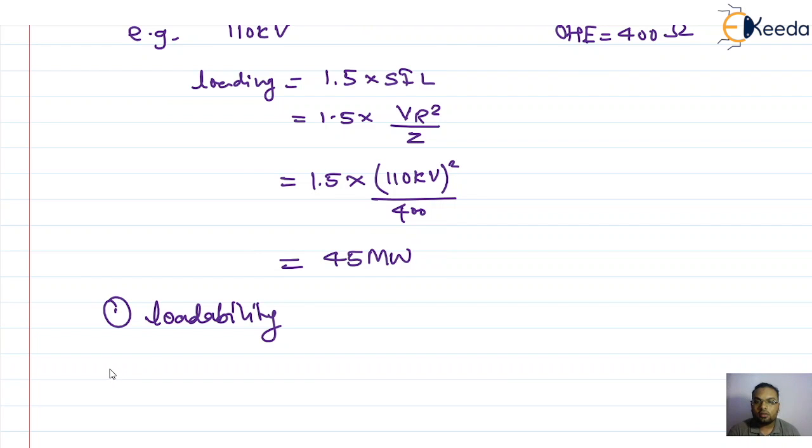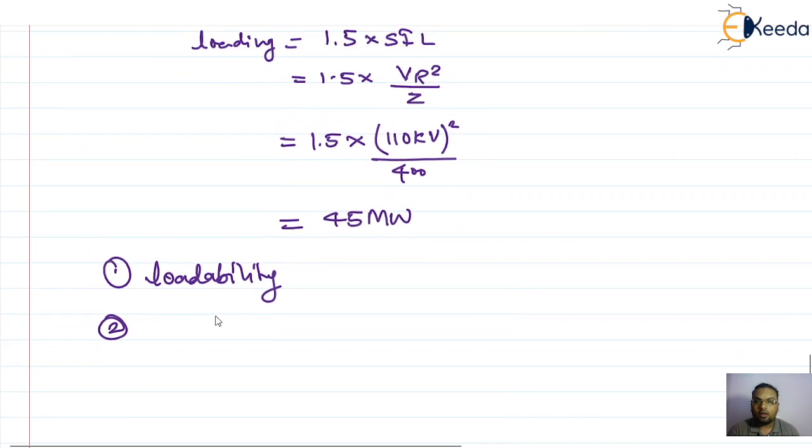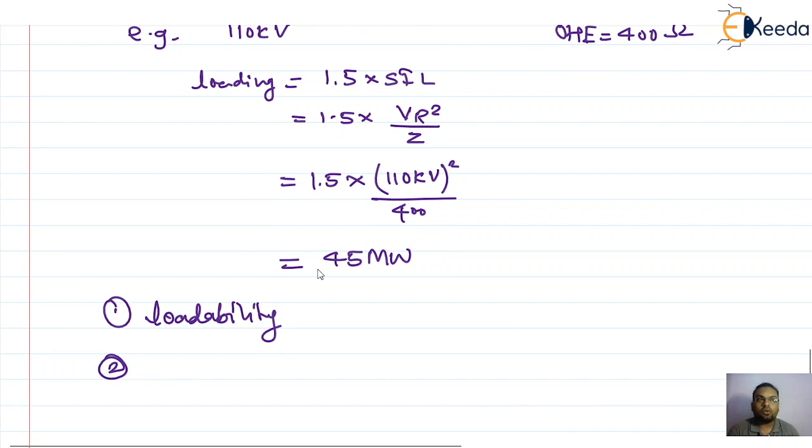Again, the second application is, let's say for a particular condition we get to know the loading, how much power is to be delivered using that transmission line. So accordingly we can decide the number of conductors, or else the number of circuits, with the help of this surge impedance loading. So let's say we know the loading requirement, or what power is to be delivered.